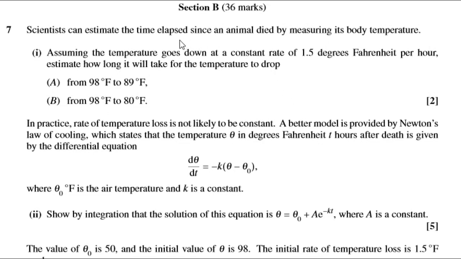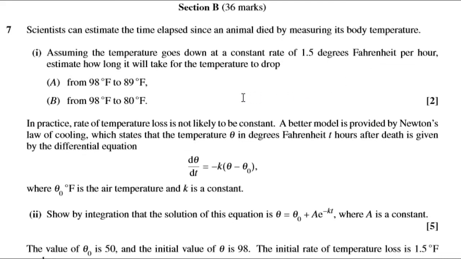So just by looking at this question, it looks to me like a differential equation sort of question. Scientists can estimate the time elapsed since an animal died by measuring its body temperature. So it would be a temperature change according to time, and assume the temperature goes down at a constant rate of 1.5 degrees Fahrenheit per hour.